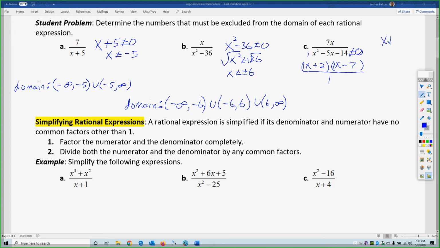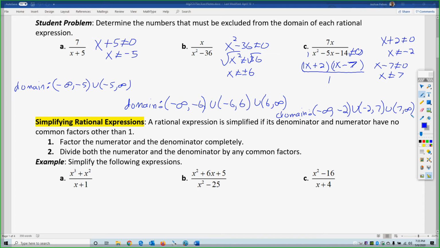So x plus 2 cannot equal 0, therefore x cannot equal negative 2, and x minus 7 cannot equal 0, therefore x cannot equal 7. So our domain, least to greatest, is negative infinity to negative 2, union negative 2 to 7, union 7 to infinity.